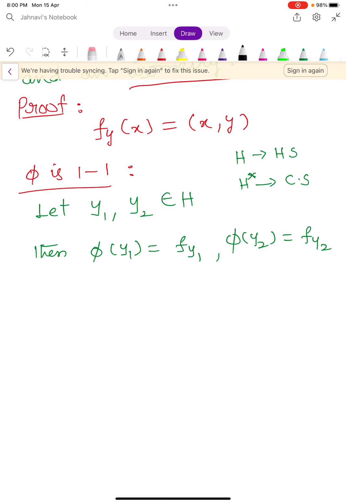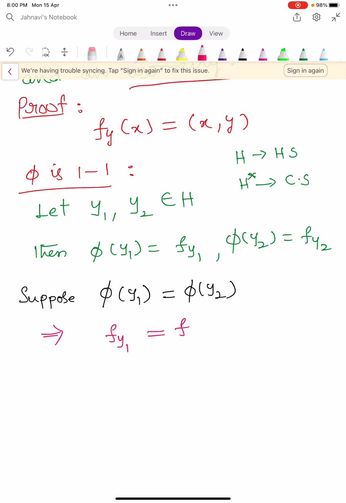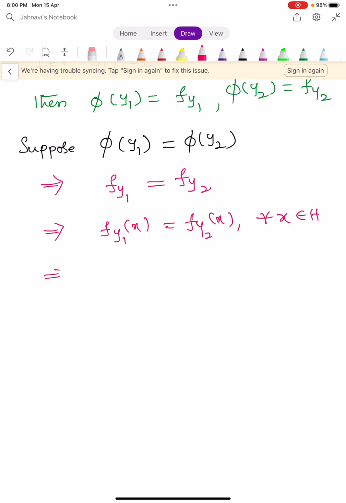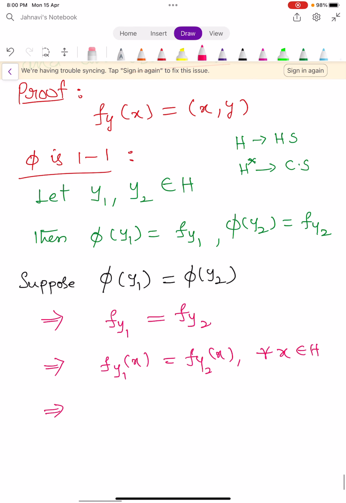So to prove that pi is 1 to 1, suppose pi of y1 is equal to pi of y2. By definition of pi, you can write fy1 is equal to fy2. It means fy1 of x is equal to fy2 of x for all x belongs to capital H. By definition, fy of x is equal to the inner product of x comma y.